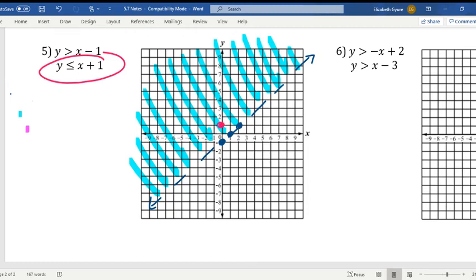And then I have a slope of 1 again, so go up 1, over 1. Aaron, does this one need a solid or a dotted line? This one needs a solid line. Good. And these ones are parallel again, but let's see if any of our shading overlaps. For this one, if it's a less than or equal to, should I shade above or below?